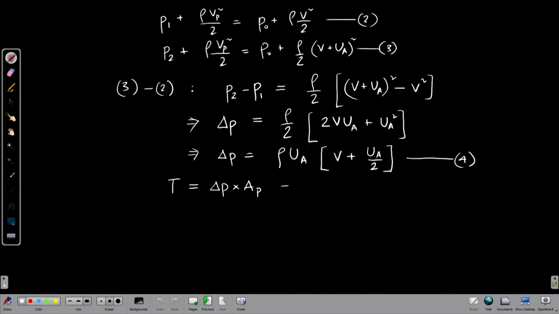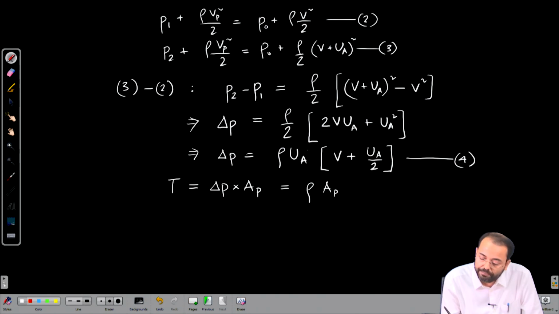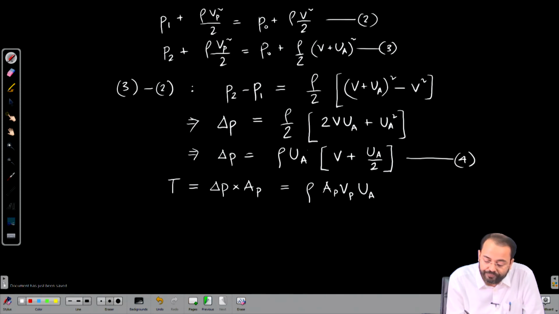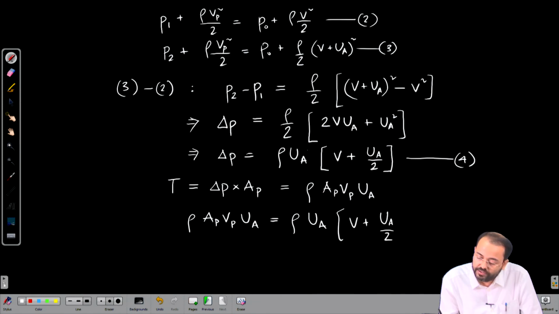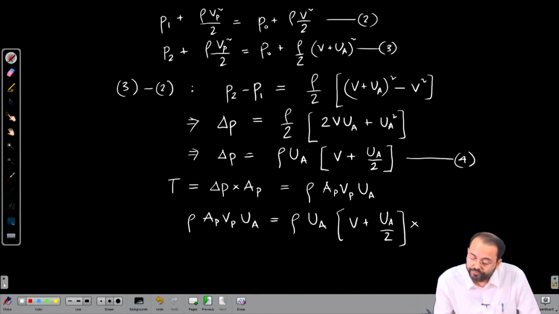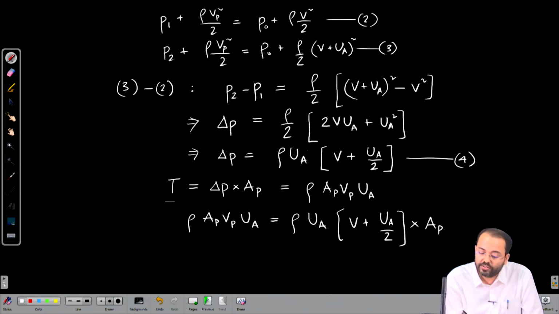So, if we write rho AP Vp UA, right. If we compare equation 1 with equation 4, what do we get? Rho AP Vp UA is equal to rho UA (V plus UA by 2) into AP, because thrust is equal to del P into AP, the area of the disc.